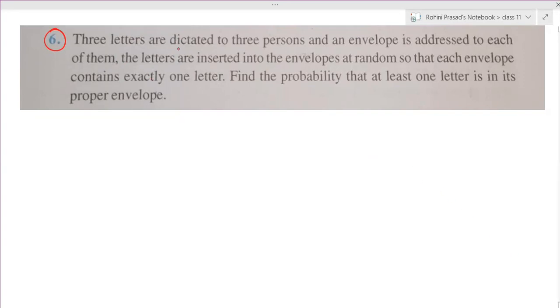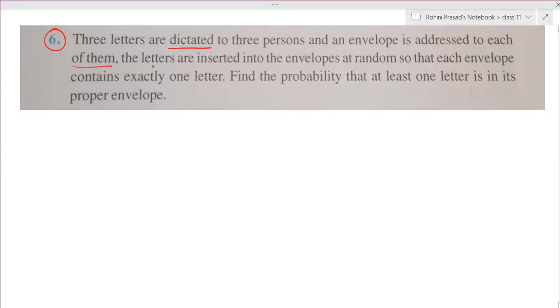Three letters are assigned to 3 persons, and an envelope is addressed to each of them.